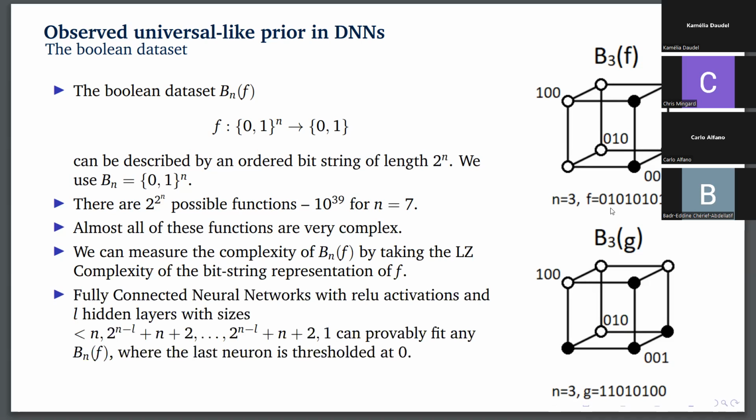And then finally, the last thing we need to set this up is a proof that there's a minimum size neural network required to fit all functions. So neural networks with these layer sizes are guaranteed to be able to fit every single possible Boolean function, just to make sure that these networks are fully expressive and any inductive bias has nothing to do with them not being able to fit complex functions.